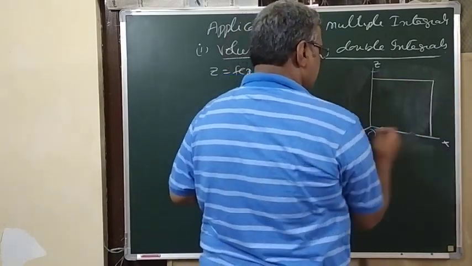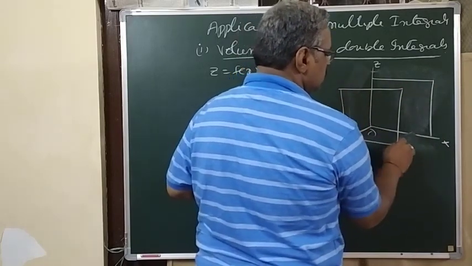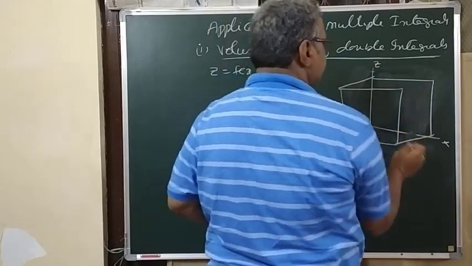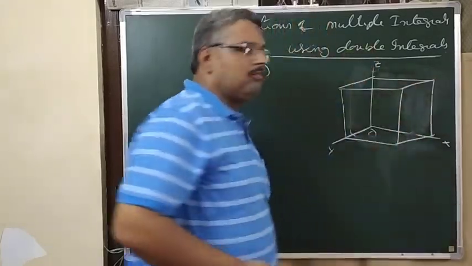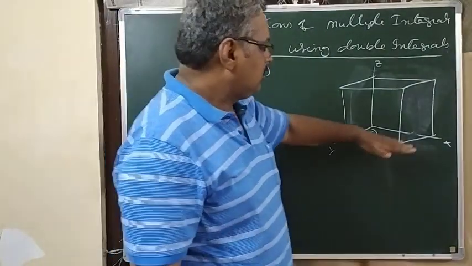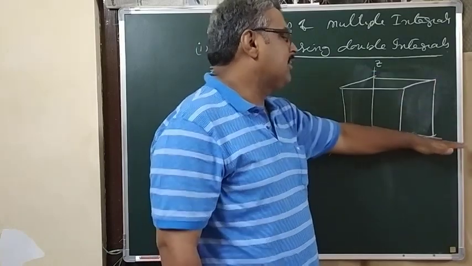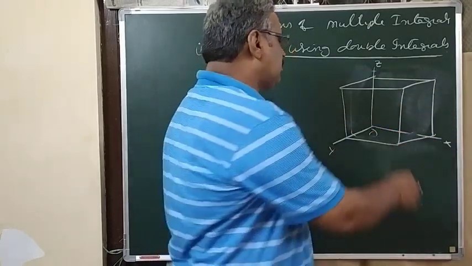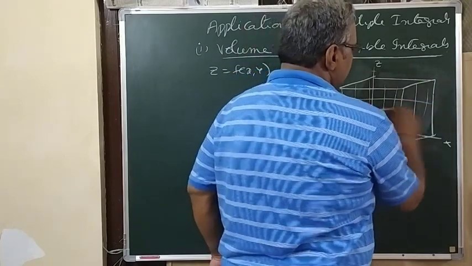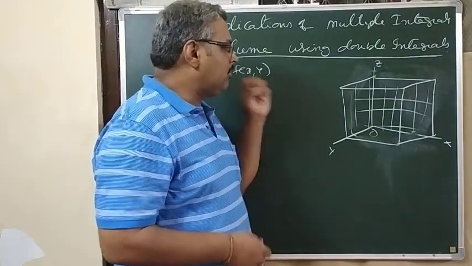Suppose you take a cuboid, a cube, then how to find the volume? If you observe the total cube based on the xy plane only, above the xy plane, then what is the procedure? Very simple for finding the volume.